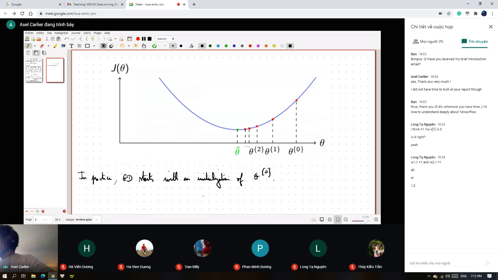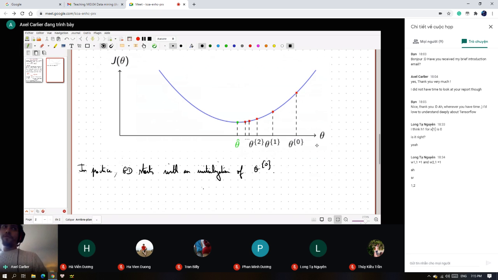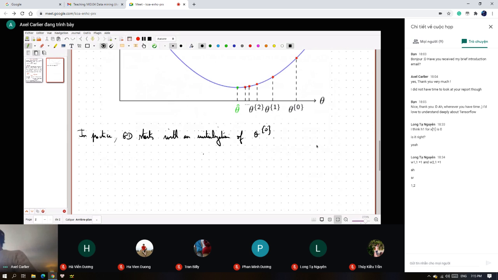So it's basically the first point of the algorithm. You see, it's an iterative algorithm. So you start from somewhere and then you iteratively refine your solution until it's satisfying to you. Okay, so here is your theta 0. I start from here. And then what you do, you make a step in the slope direction.